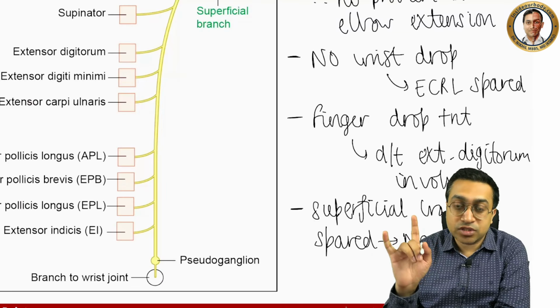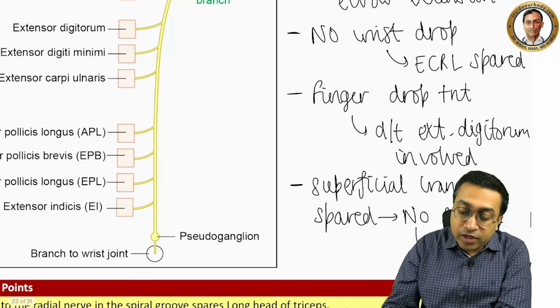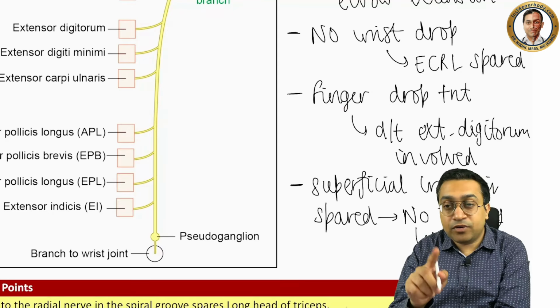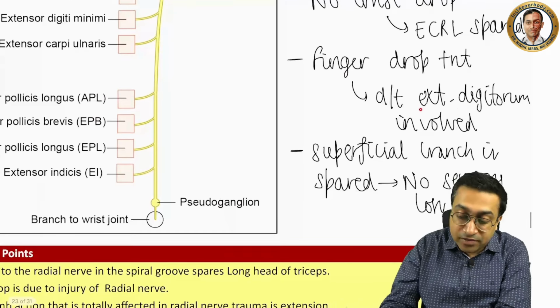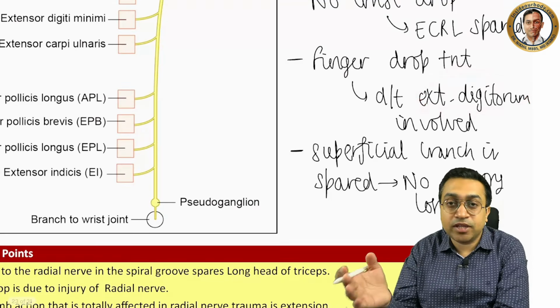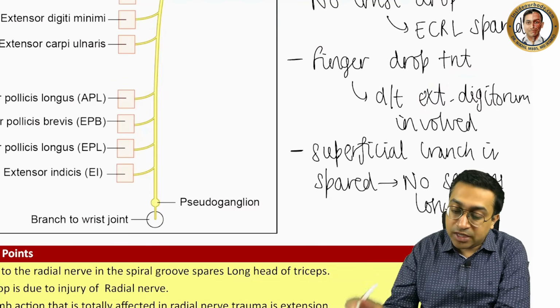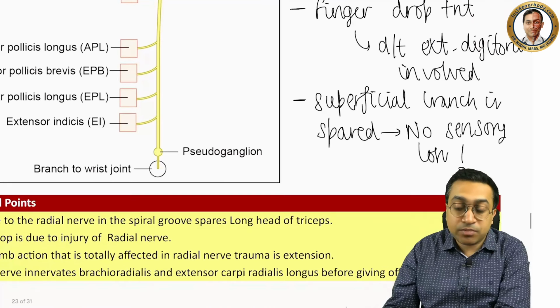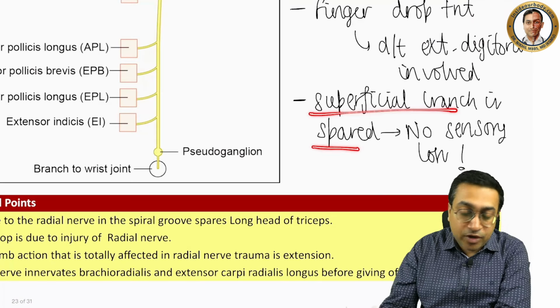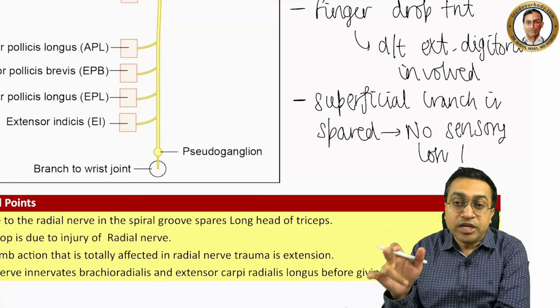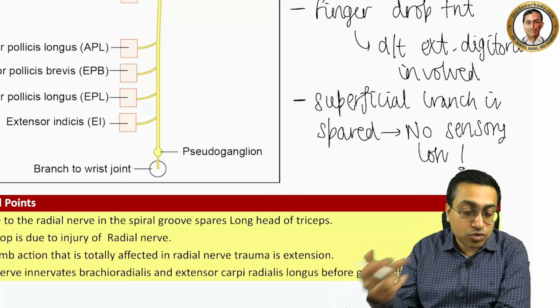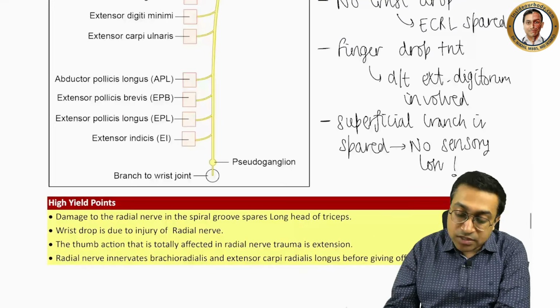Then finger drop will be present. Why so? Because the extensor digitorum is supplied by the posterior interosseous nerve. This is involved. Then the superficial branch is spared. We are talking about the PIN injury only, so there will be no sensory loss. Superficial was supplying the sensations.